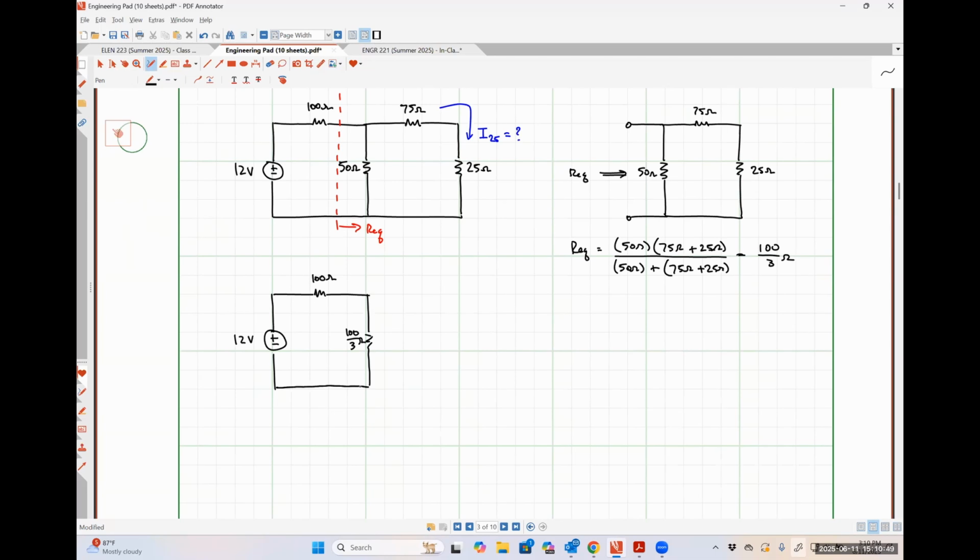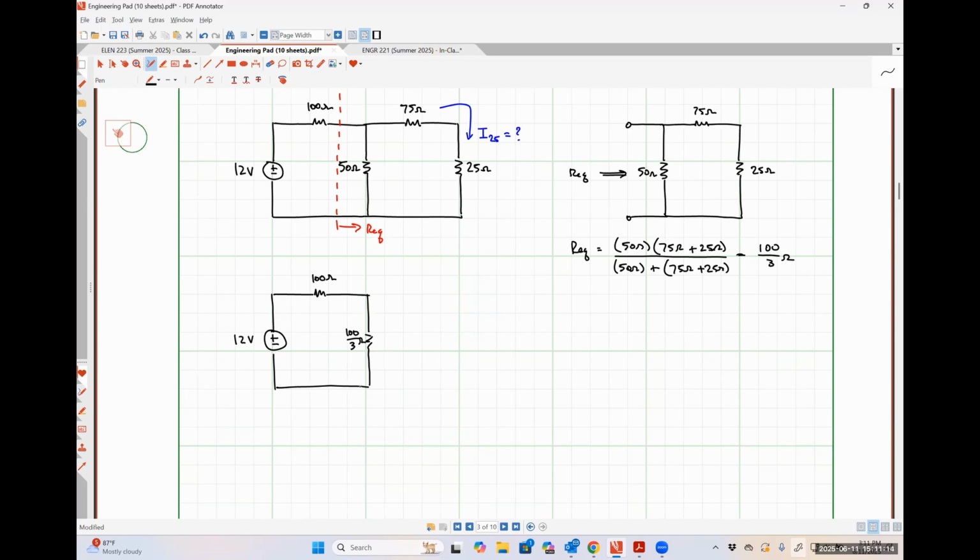Okay. Now, in doing so, I lost that current I-25 that I was interested in because I don't see that branch containing the 75 ohm resistor and the 25 ohm resistor anymore. So what was the purpose of me combining those resistors together?